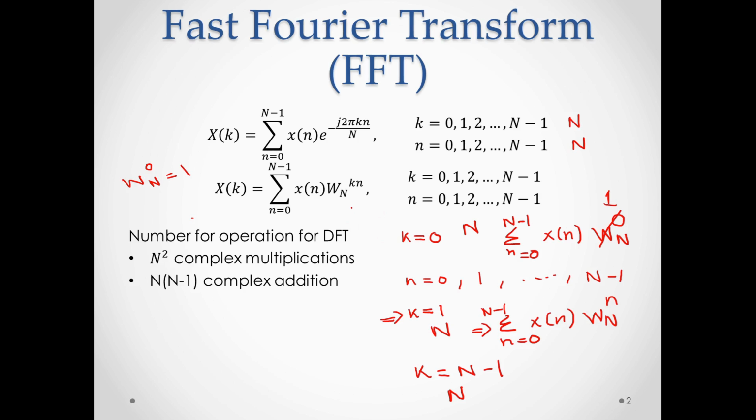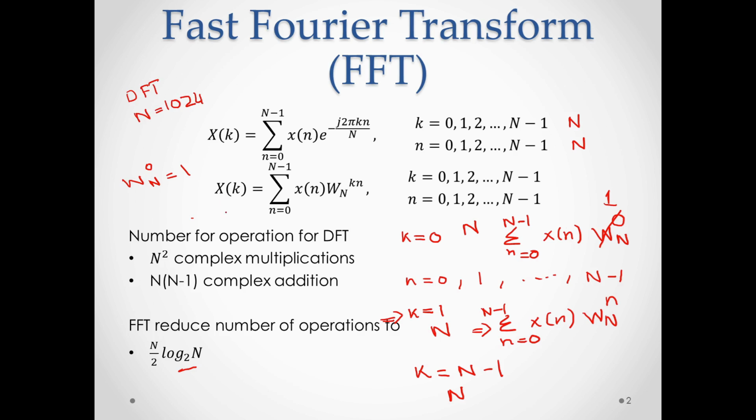Now, how FFT is better is that it reduces our complex computation with the help of this formula, where we use log 2n. Now consider, if we need to calculate DFT when n is equal to 1024.